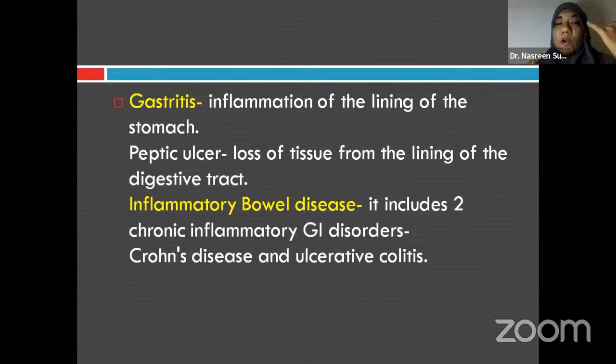It involves two gastrointestinal disorders like Crohn's disease and ulcerative colitis. Okay, Crohn's disease and ulcerative colitis. Here, the reason will be different, but the symptoms will be same. The reason for getting that inflammation is different here, but the symptoms of these two diseases will be same.